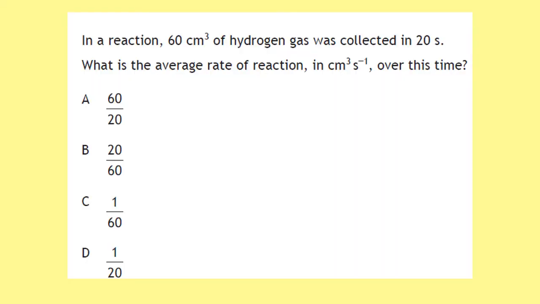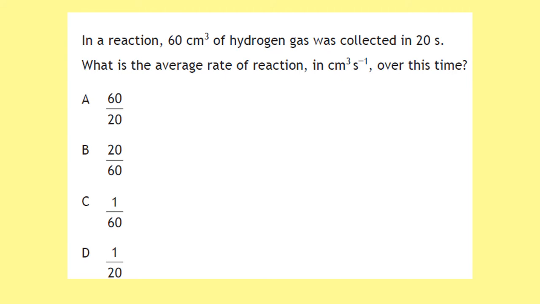So we have a statement here. In a reaction, 60 centimeters cubed of hydrogen gas was collected in 20 seconds. What is the average rate of reaction in centimeters per second over this time? So which one of those? If you're going to calculate the rate, is it going to be 60 divided by 20?